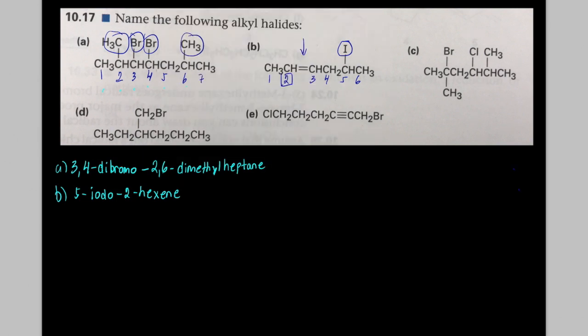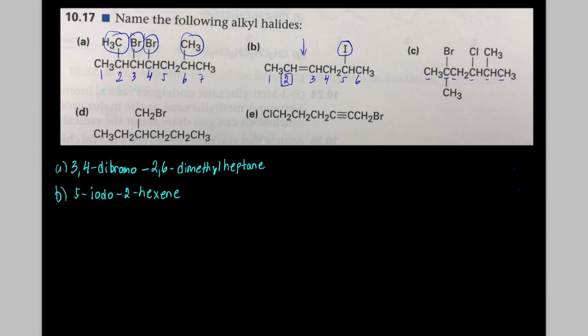For this third one here, we can see the longest chain runs through the molecule from left to right and contains 6 carbons, so that's a hexane. And now we need to identify the numbering sequence for this molecule.